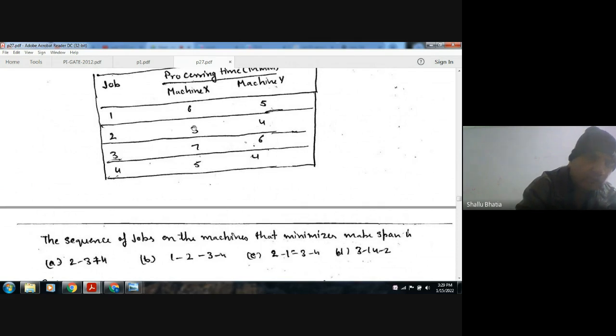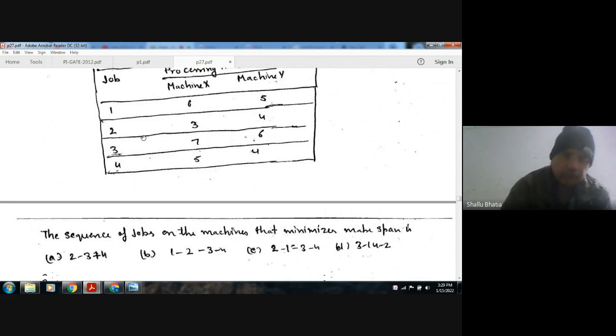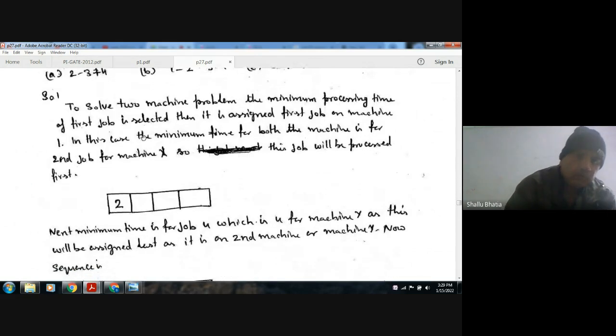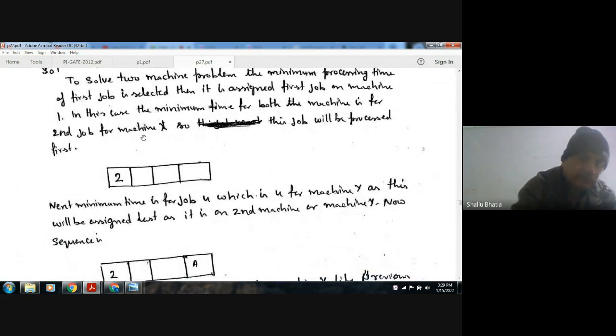As the minimum time is on the first machine, this job will be processed first. So this is the first job.